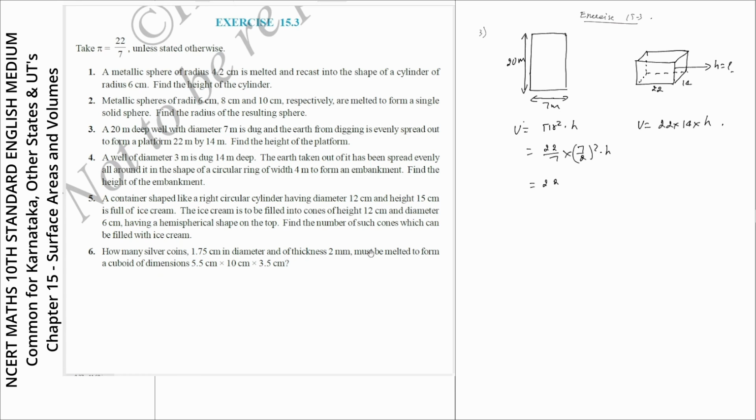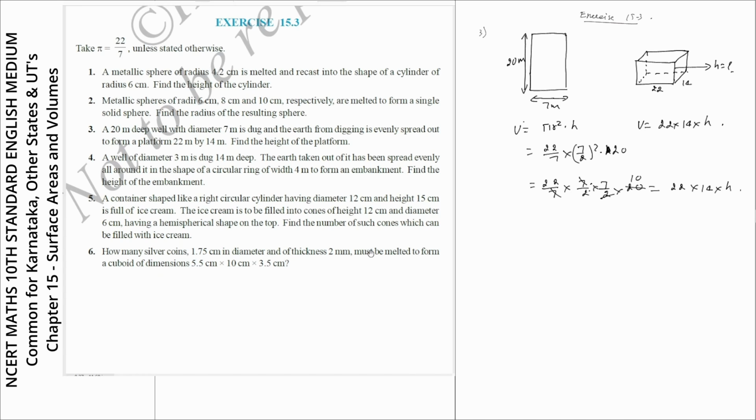Now 22 by 7 into 7 by 2 into 7 by 2, and the height we know is 20, so into 20 is equal to the volume of the cuboid, 22 into 14 into h. Now see what all you can cancel. 7 will get cancelled. 2 ones are 2, 2 tens are 20.